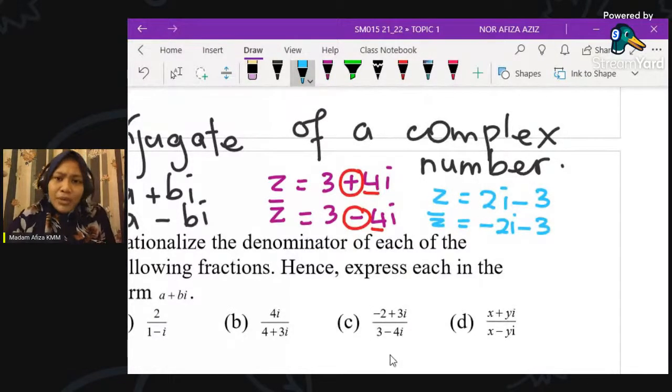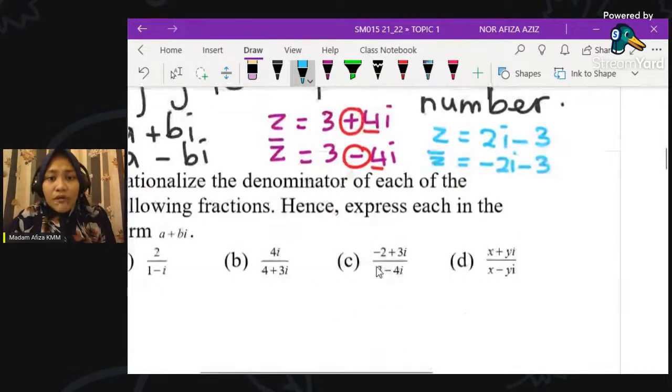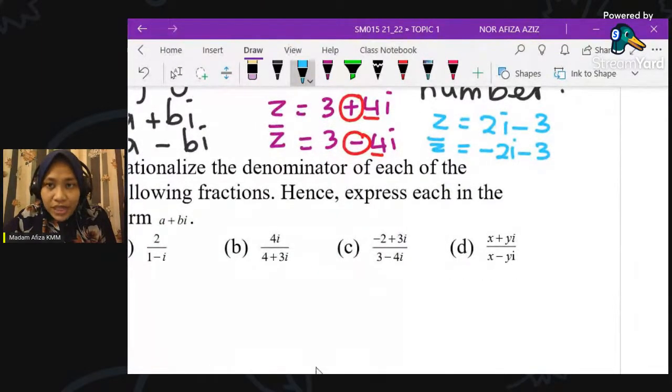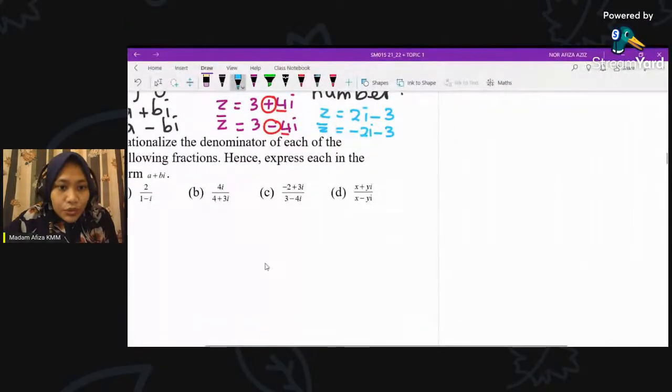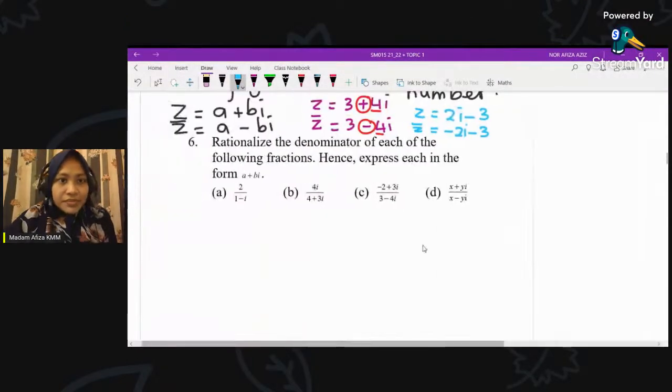Okay, so why do we need to learn about the conjugate of a complex number? It's because we want to solve questions like question number 6 over here. Rationalize the denominator.